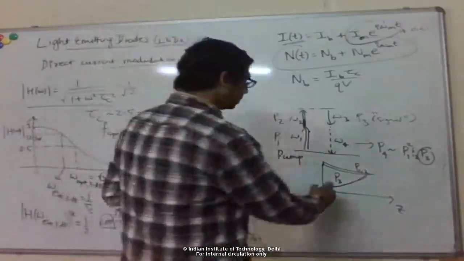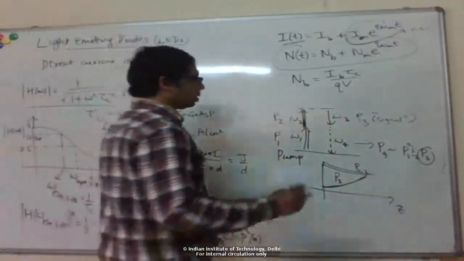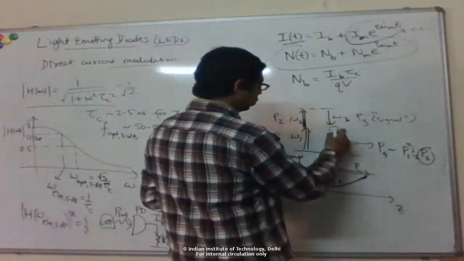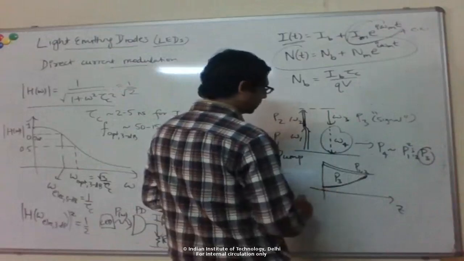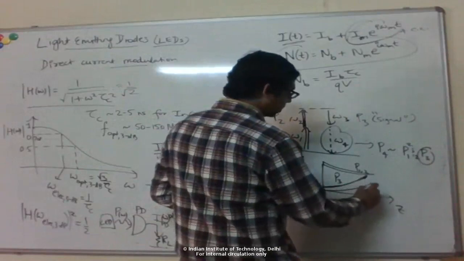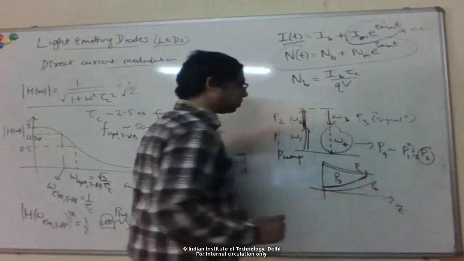Due to this four-wave mixing process, it gets amplified. And not only that, there's a new frequency generated here, omega 4. That is not present at the input, let's say, but that gets generated, and at the output now I have some power at this frequency omega 4, which I can call P4, right?